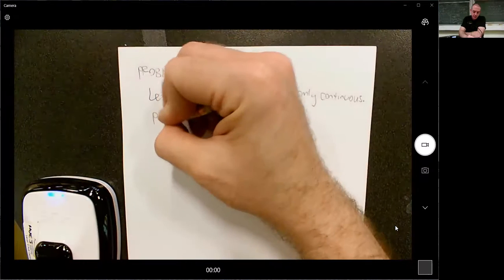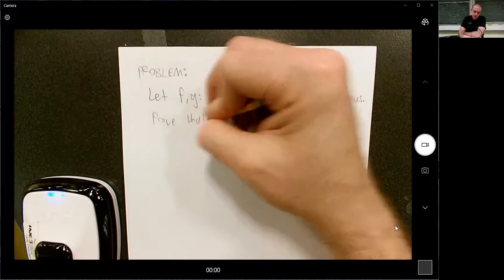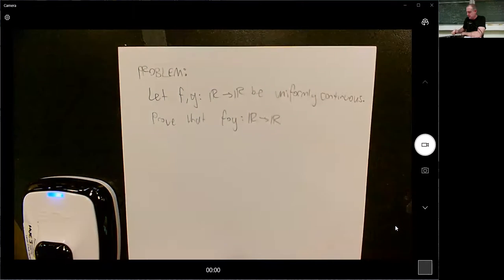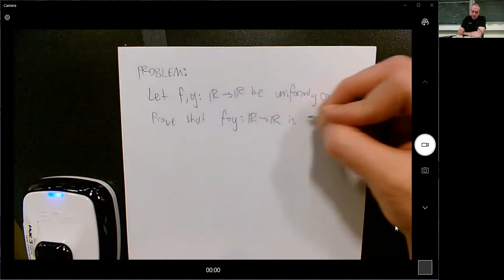Prove that f of g, which also sends R to R, is also uniformly continuous.